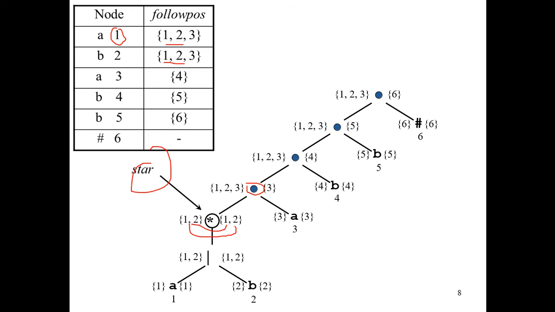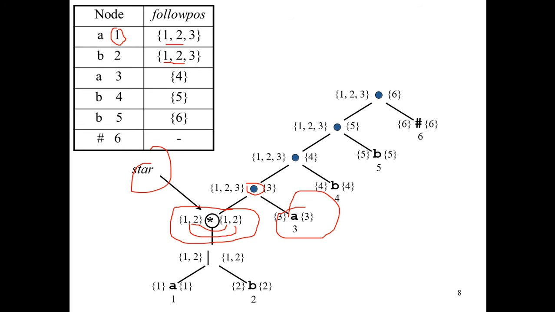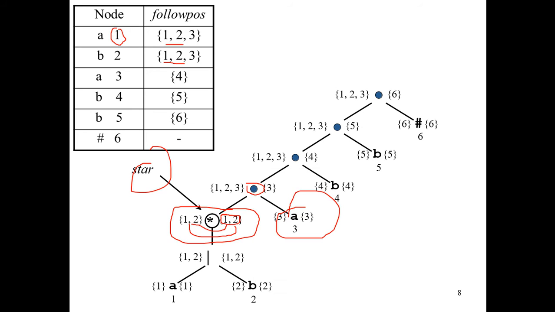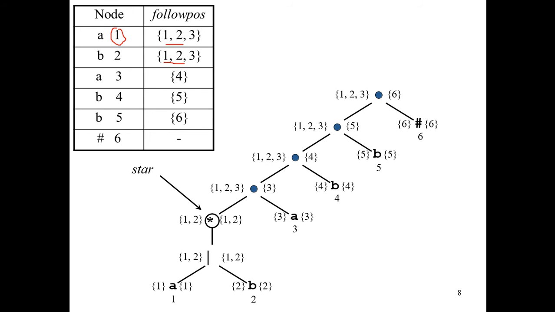So all the lastpos in the left child, which is the star symbol, will be followed by the firstpos of the right child.